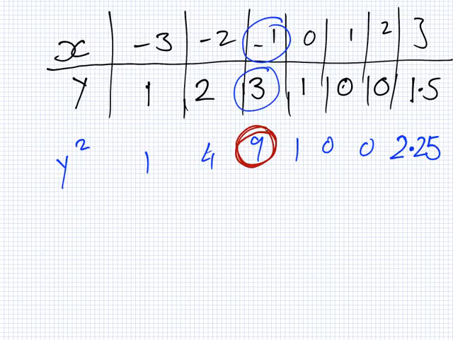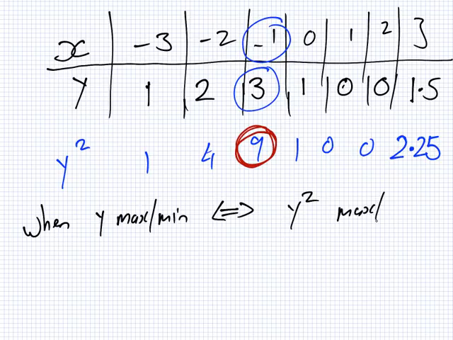So the point I want to make is, when y is maximum or minimum, that's at the same place when y squared is maximum or minimum. I know it seems obvious, but such things aren't always true. It just works in the case of square.